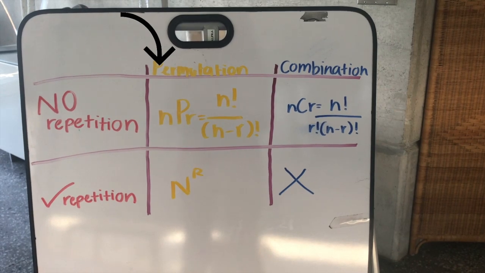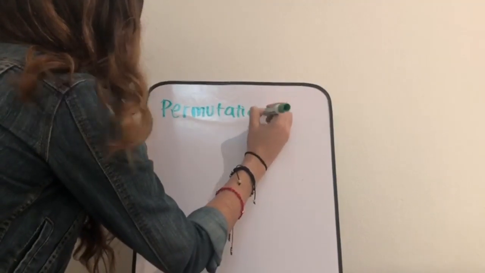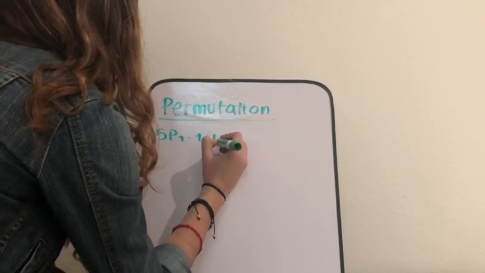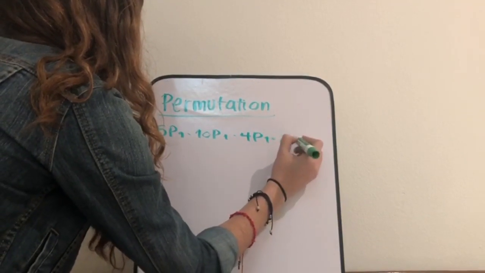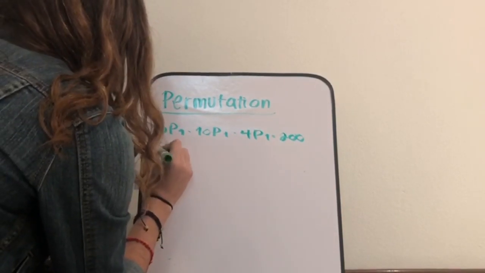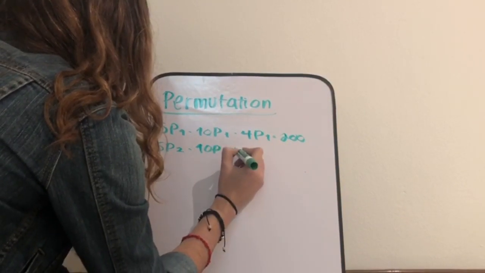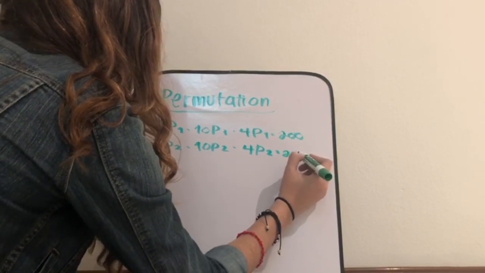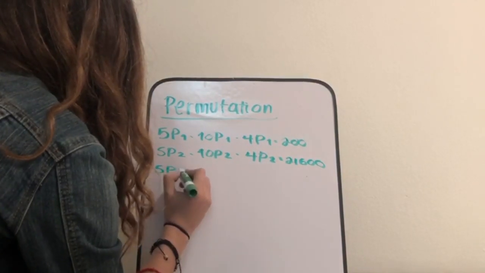Now we are going to do permutation for the same example. First, we are going to start with the formula for 1 course, which is 5P1 times 10P1 times 4P1. Then we are going to do the formula for 2 courses, which is 5P2 times 10P2 times 4P2.